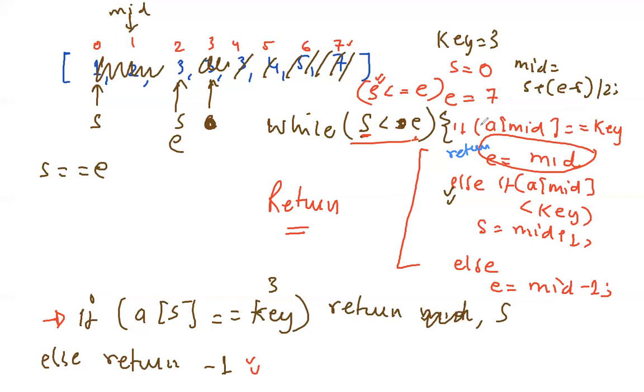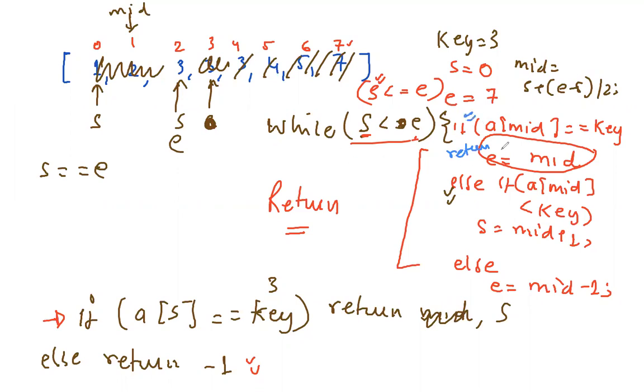Because if you had a 3 after this 3 also, how would you make it move towards the left? Because greater than 3 is not there. It is equal to 3, so it has to move towards left or right. How would it know? Look at the code, look at this condition.